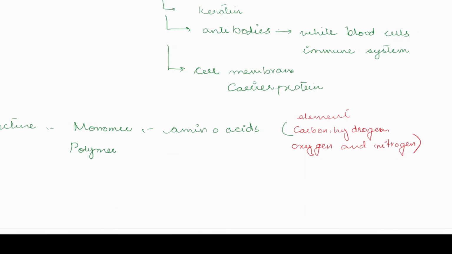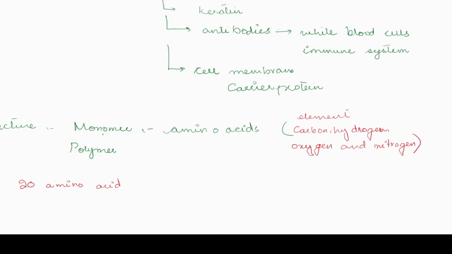A human body has 20 amino acids in general. Now the scientists are saying there are 21 as well, but generally we talk about the 20 amino acids that make all these proteins. The interesting fact is, it's like a Lego where you put different sequences and you make a different thing.